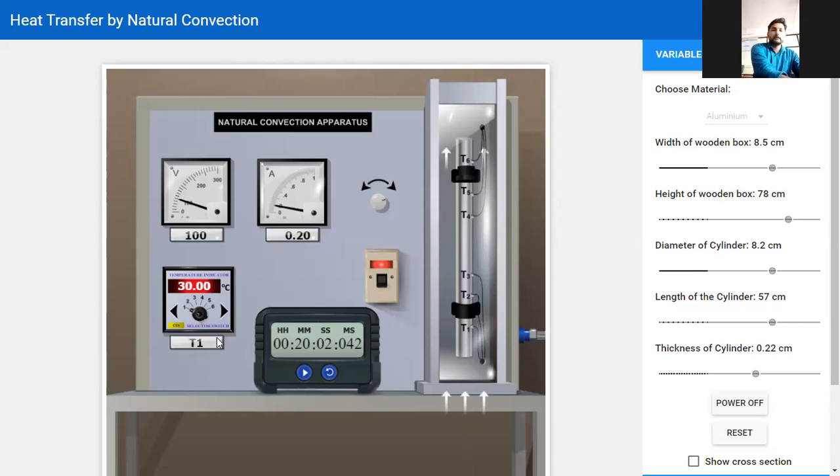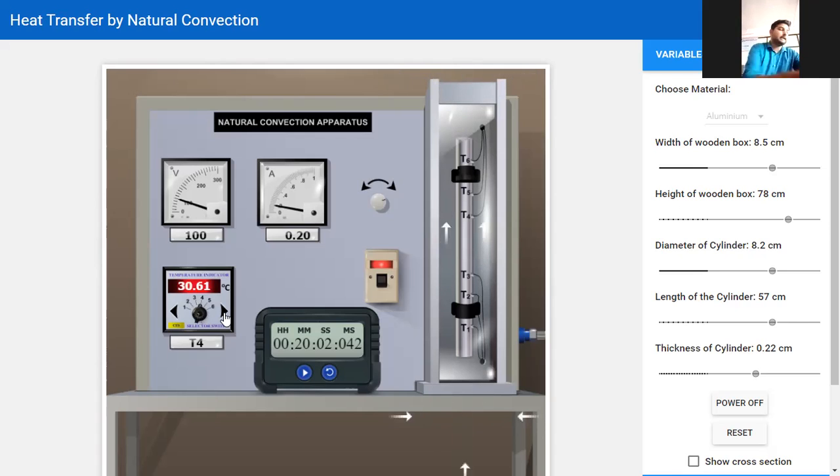T1 is already shown over here. T1 is 30. Then the next temperature you can see after clicking on this arrow. T2 is 24.61. Then T3 is 26.61.